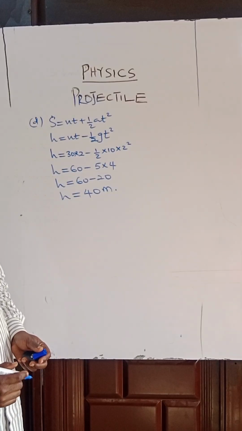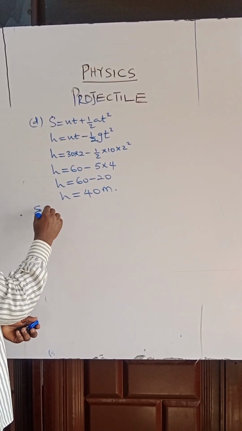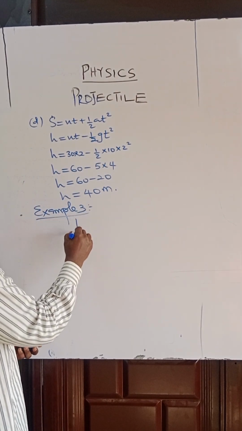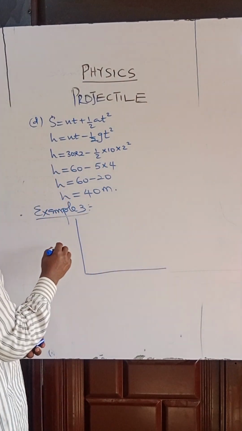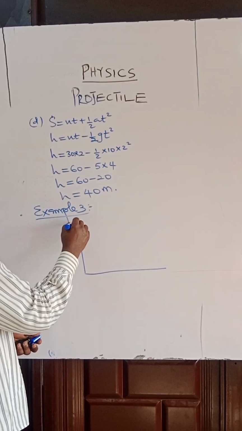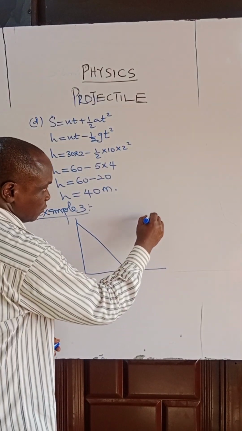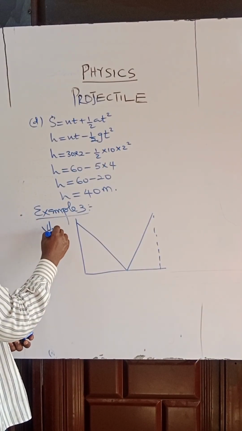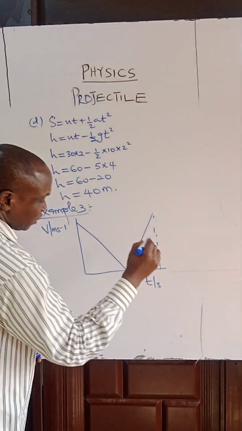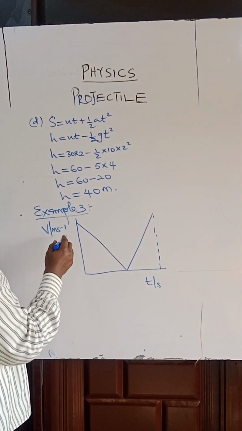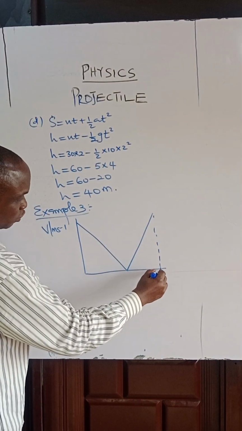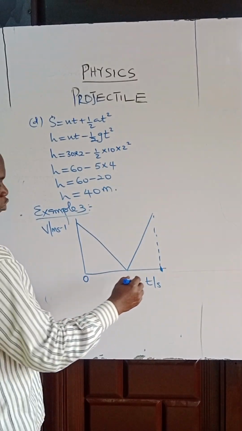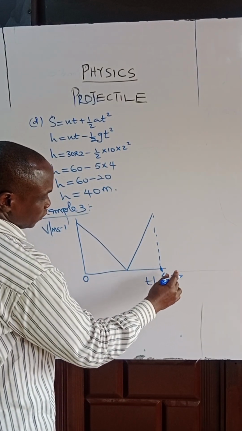This is another example. Example 3, the last example I will give you, we had it in GCE, where the diagram was drawn like this. We are given the graph like this. They mention this to be v in meters per second, and this to be t in seconds. You are not given any value here, but you are given a value here, starting from 0, which they call 4 seconds.